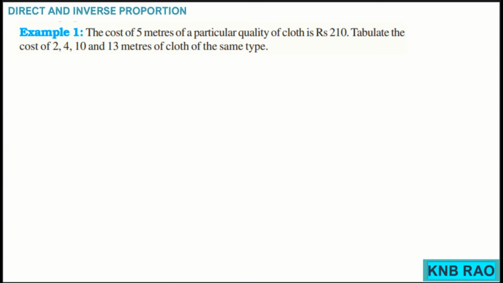Now you are asked to tabulate the cost of 2 meters, 4 meters, 10 meters and 13 meters of cloth of the same type. So as a solution, you know the cost of 5 meters of the cloth is rupees 210.